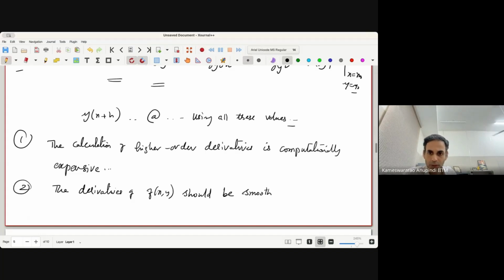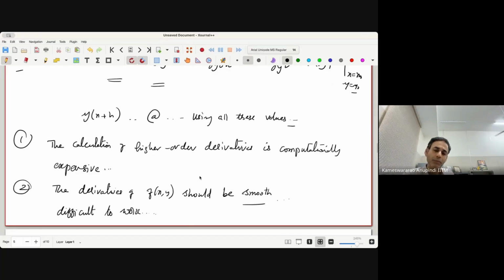It's fine. So only then we'll be able to calculate all these values. Otherwise, the Taylor series method can get very difficult to implement if these conditions are not satisfied.